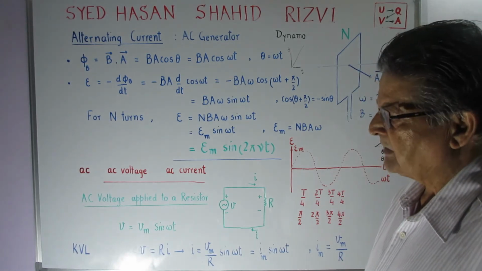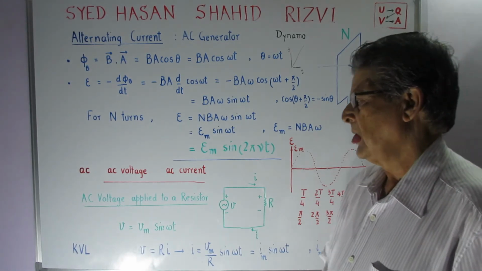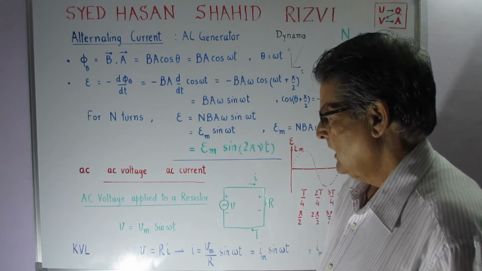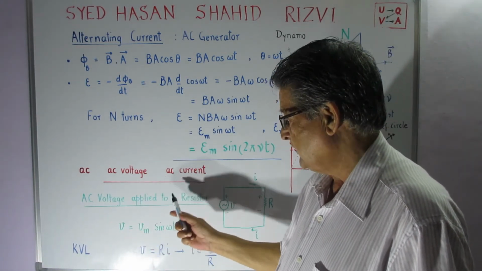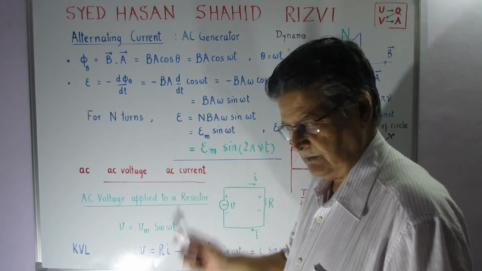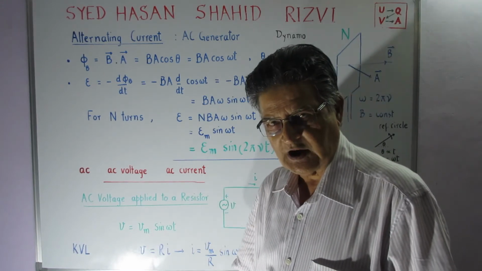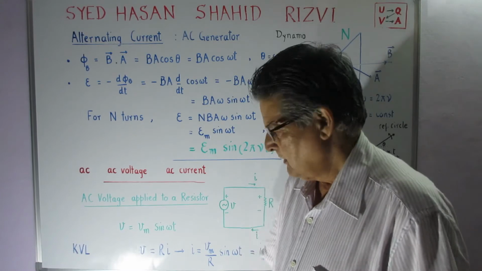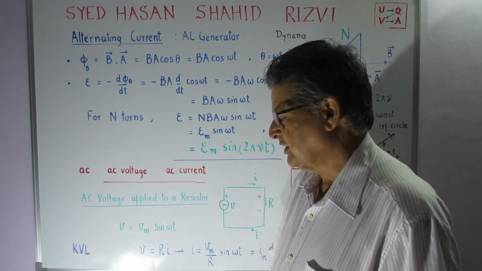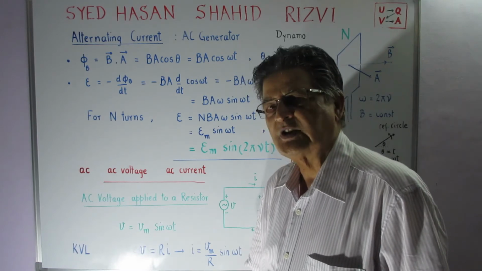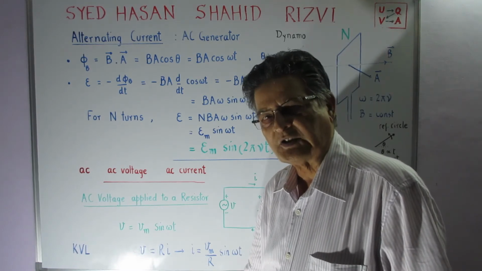Now the first item that is normally put is AC voltage applied to a resistor. Who is Mr. Resistor? I told you before that Mr. Resistor is an energy consuming device, the Raja Beta of the electrical system.